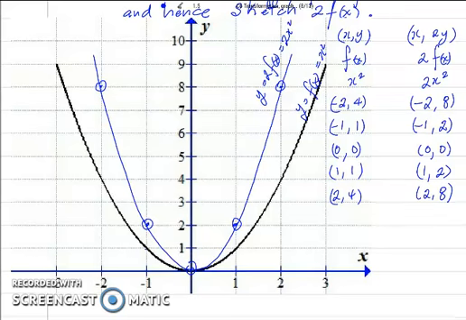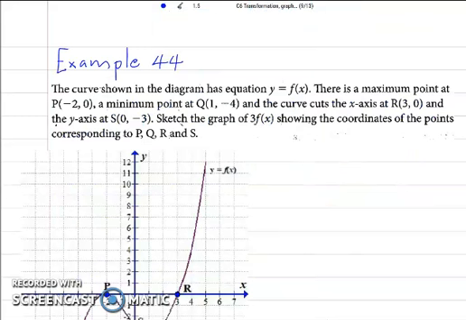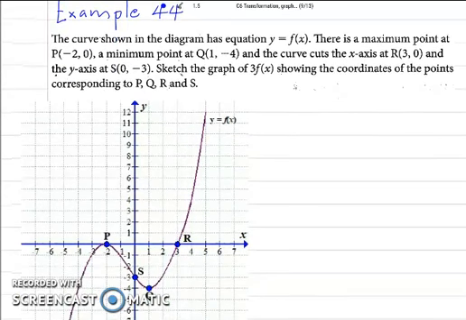Let's see if we have time for another question. Example 44 says, the curve shown in the diagram has the equation y = f(x). There is a maximum point at P (-2, 0), a minimum point at Q (1, -2)... the curve cuts the x-axis at (3, 0), the y-axis at (0, -3). We're asked to sketch the graph of 3 times f(x).